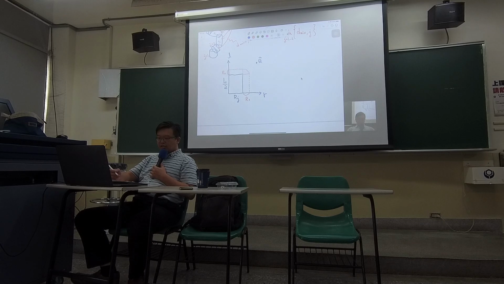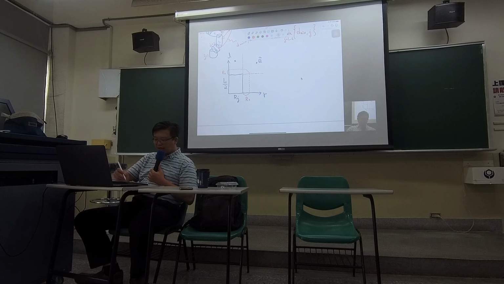So when my Q point is in this region, let me keep on drawing. Let me just draw this straight, lengthened. If my Q point is there, then how do I compute the shortest distance? It's gonna be this.